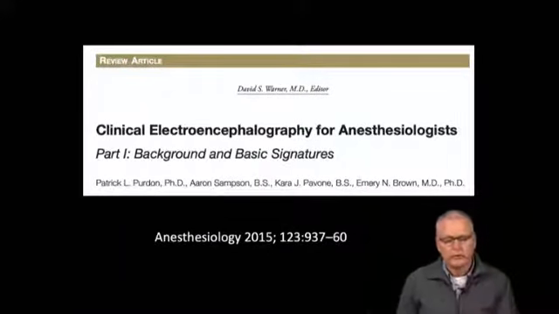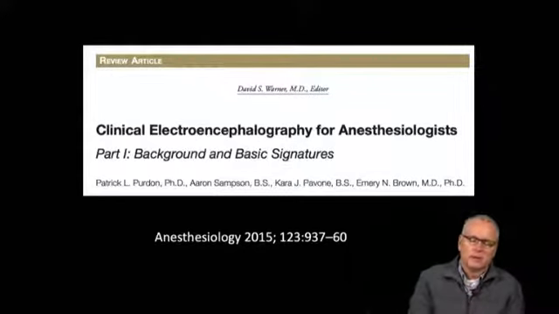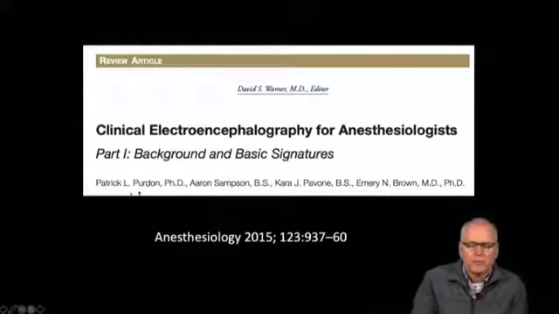I'd like to discuss some of the figures presented in a paper that came out 6 years ago by Dr. Purdon and company, a group headed up by Emery Brown. And they've really been thought leaders and groundbreakers in processed EEG monitoring.